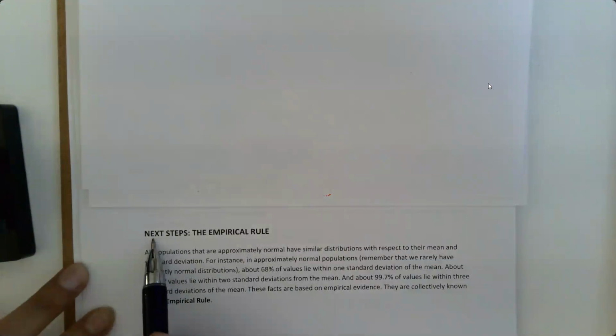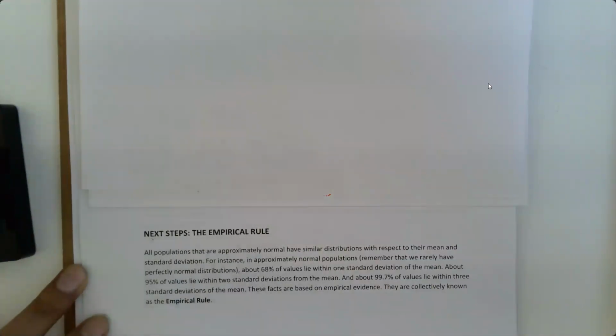Next steps, the empirical rule. All populations that are approximately normal have similar distributions with respect to their mean and standard deviation. So again, all populations that are approximately normal have similar distributions.